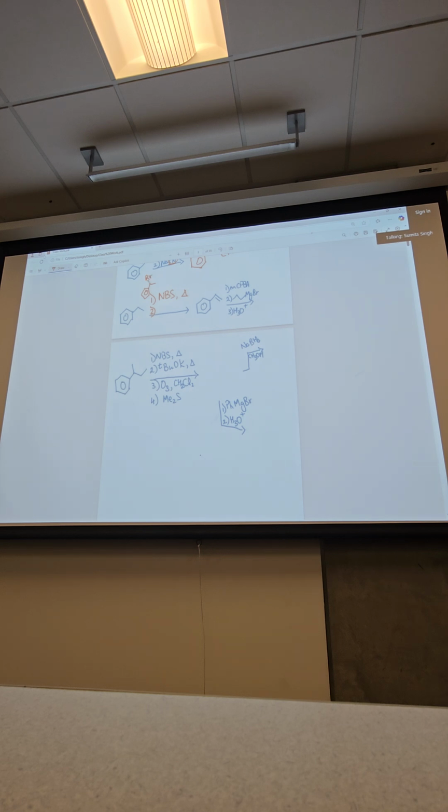You can use any, but please remember that E2 dehydrohalogenation takes an alkoxide ion. Of course, the size of the alkoxide ion will decide whether you get the Zaitsev's product or Hofmann's product, but in this case there's no other option.